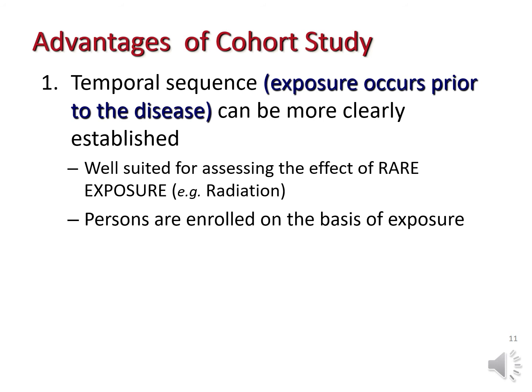We can find out effect of exposure or effect of risk factor on disease. Temporal association of exposure with disease is more suited for assessing effect of rare exposure, like effect of radiation.